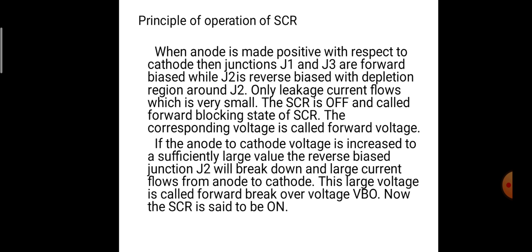If the anode to cathode voltage is increased to a sufficiently large value, the reverse biased junction J2 will break down and a large current flows from anode to cathode. This voltage is called the forward breakover voltage VBO. Now the SCR is said to be on.